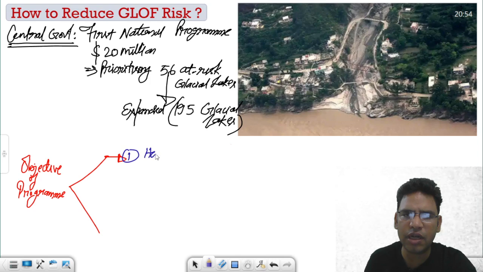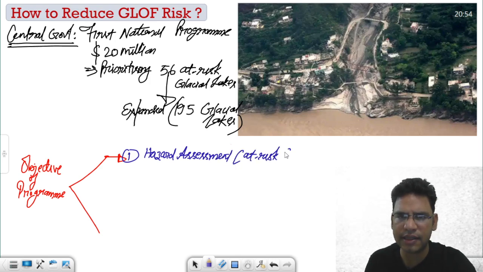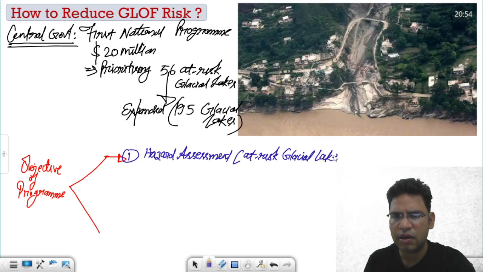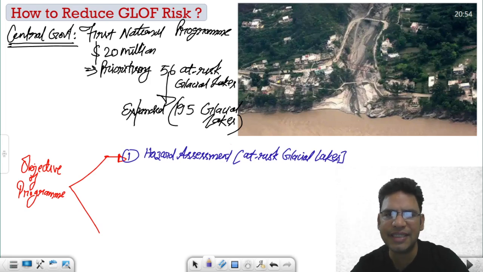So first of all, they will do hazard assessment for at risk glacial lakes. First objective of this program is hazard assessment of each at risk lake, right? Then installing automated weather and water stations, right?